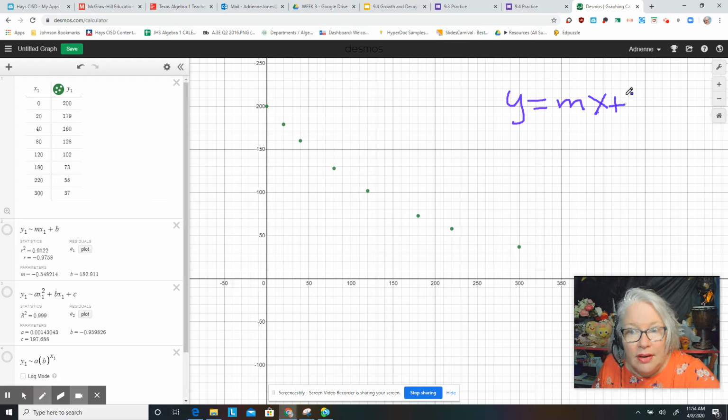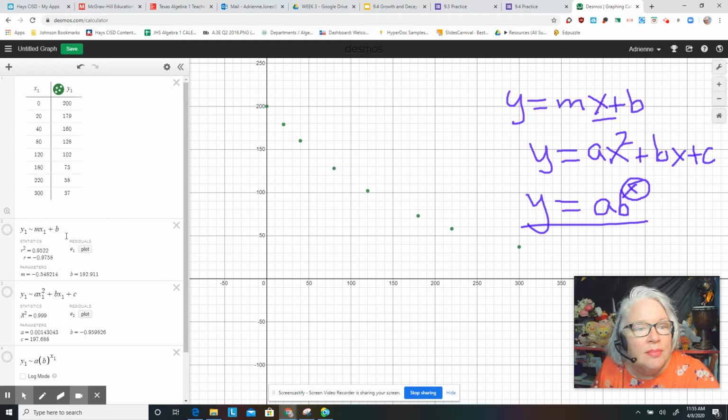And from the last section, how do I know it's not linear from the equation? My variable is an exponent. It's obviously not linear. All right, so here I put in the linear regression y1 tilde mx1 plus b.